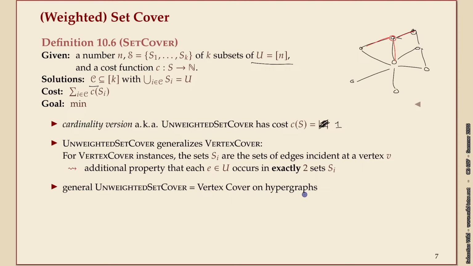And then clearly, you can always map an instance of set cover into a hypergraph where you have the vertices for the elements of the universe: 1, 2, 3, 4, 5, 6. And then you can draw, say we have a set that contains 1, 3, and 4. So that could be S_i = {1, 3, 4}.